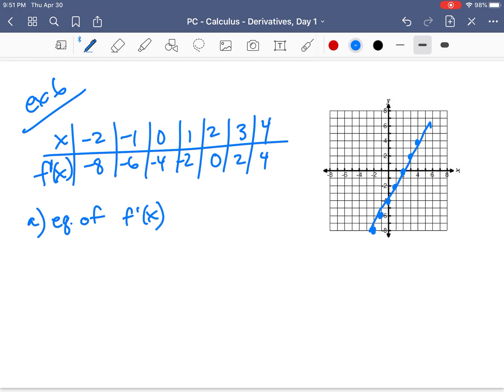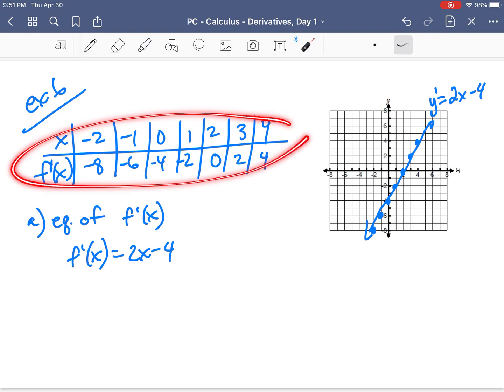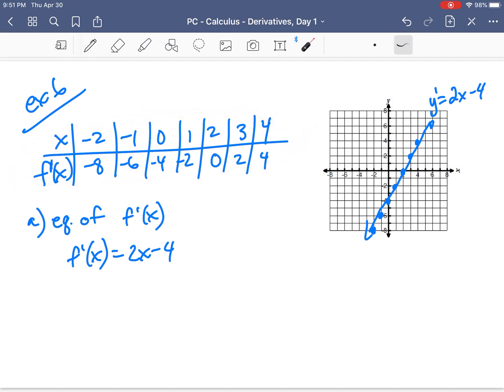I just have the equation of a line. Okay, so this line looks like it has a slope of 2. So I get 2x, and it's touching at -4. So remember, this is the derivative function, right? So the equation of f prime of x equals 2x minus 4. So remember, that's the equation of the information in this graph right here in this table, right?